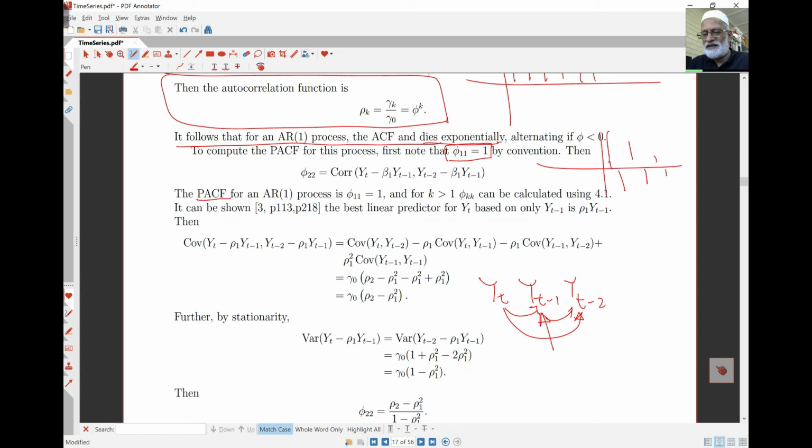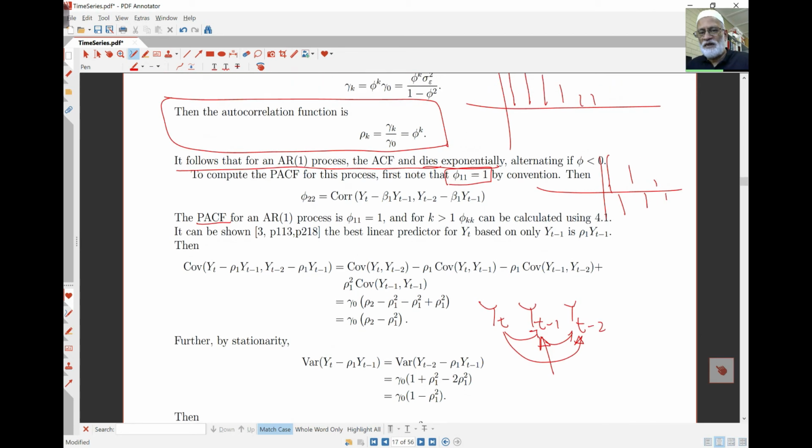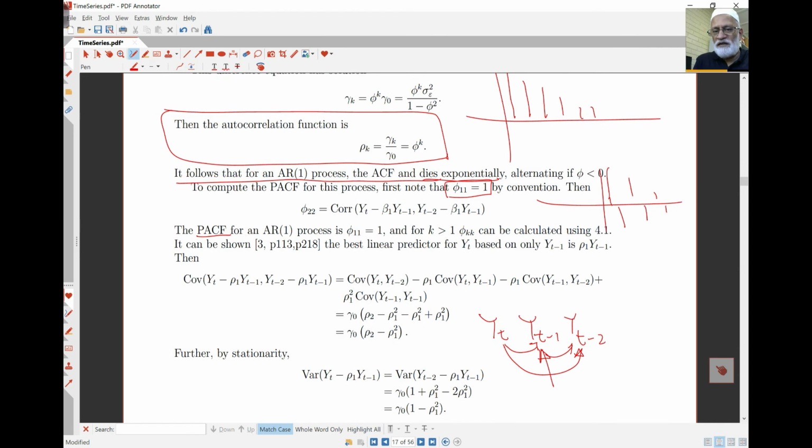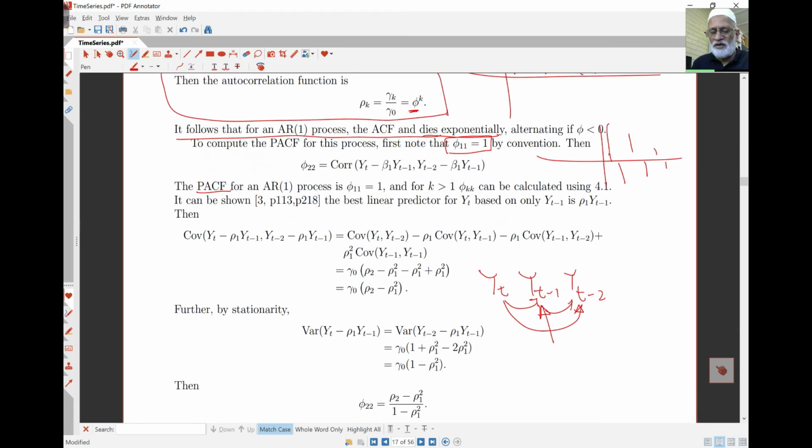After you remove the effect of yt minus 1, there is no effect further. So the interesting thing here is that the autocorrelation function dies off exponentially, but the partial autocorrelation function has only one non-zero value. Everything else is 0. So we can use this for model identification, to work out what kind of model is appropriate.